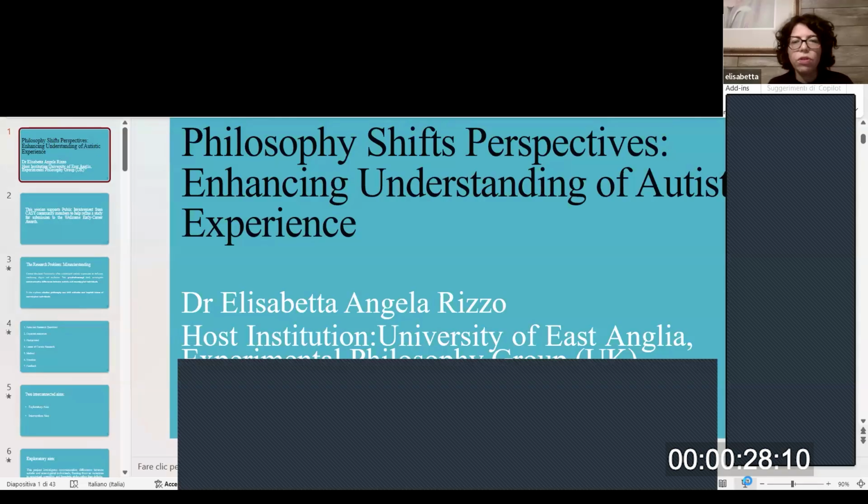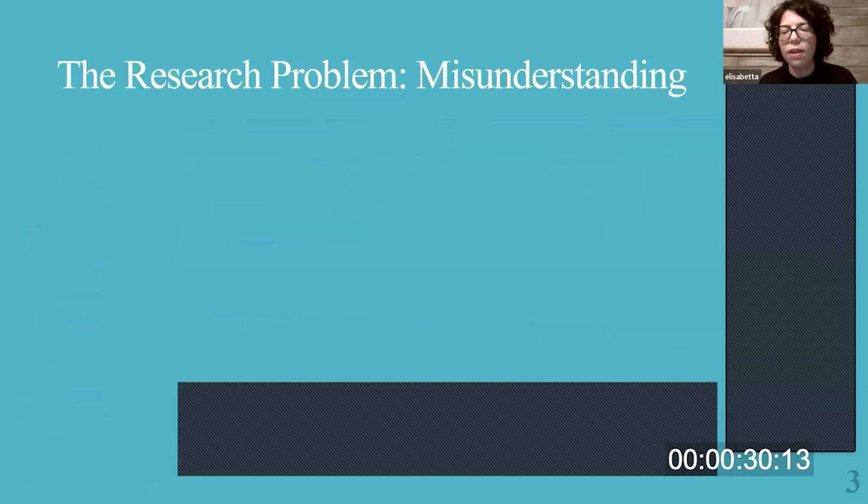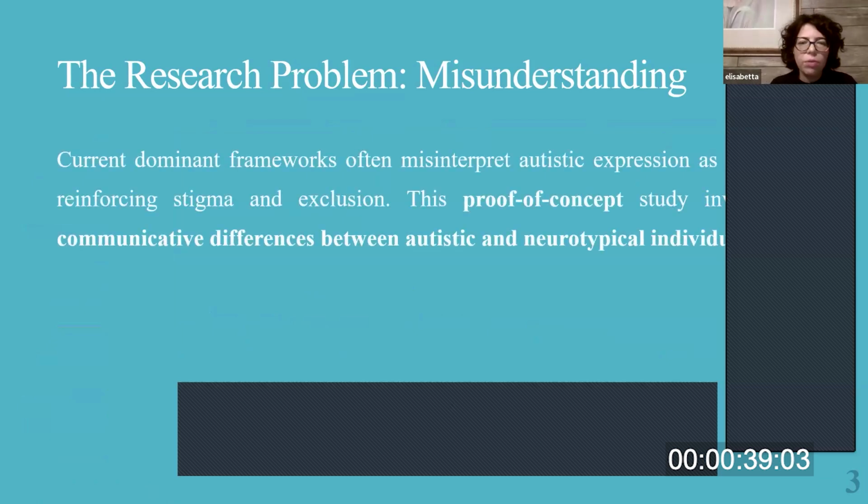Okay, so I want to start with the problem that this research project attempts to address. That is a misunderstanding. Indeed, the current dominant frameworks often misinterpret autistic expression, reinforcing stigma and exclusion. Instead, with this proof of concept study, we intend to investigate communicative differences between autistic and neurotypical individuals.